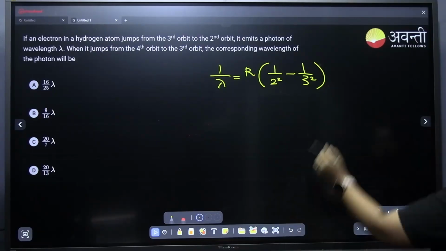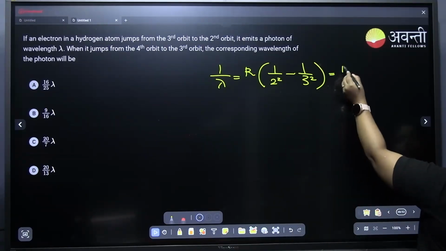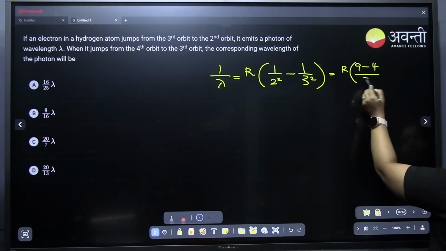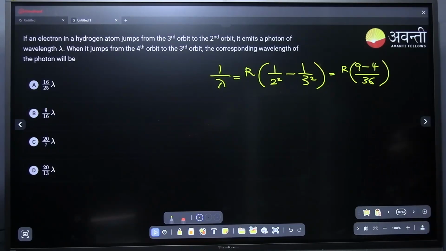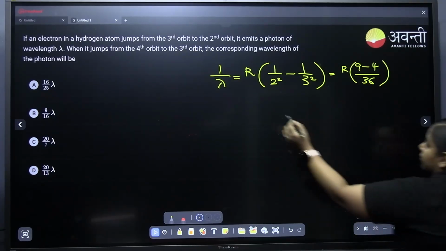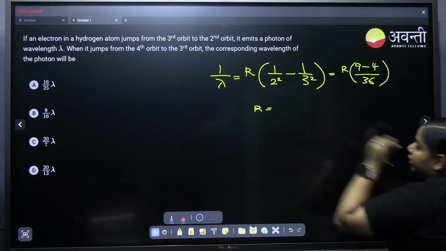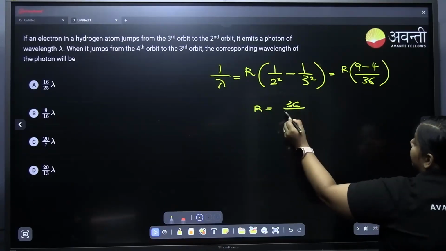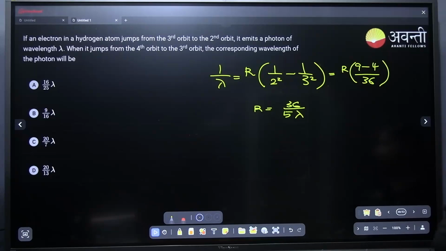From this we will get R into (9 minus 4) divided by 36, and we will get R is equal to 36 by 5 lambda.